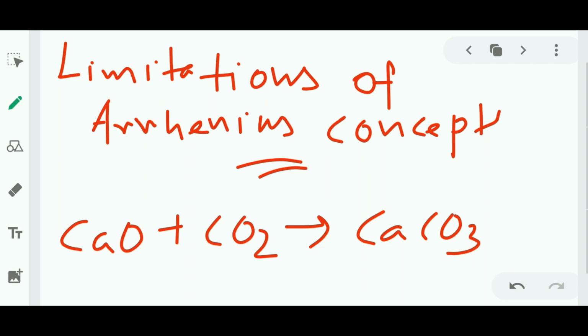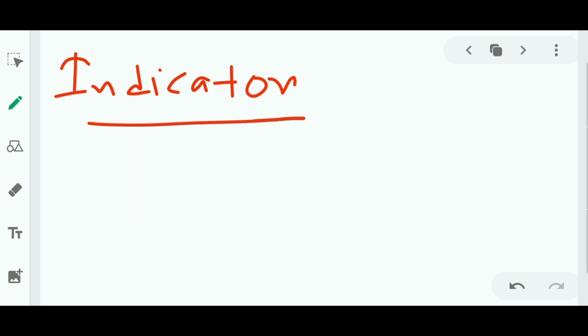Next we need to know about indicators. What do you mean by indicators? Indicators are complex organic substances which change to a characteristic color in the presence of a particular concentration of ions such as H plus or OH minus ions.